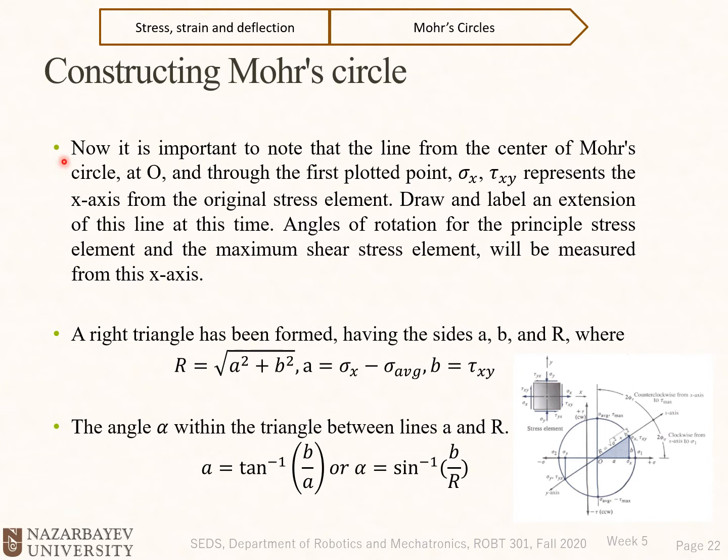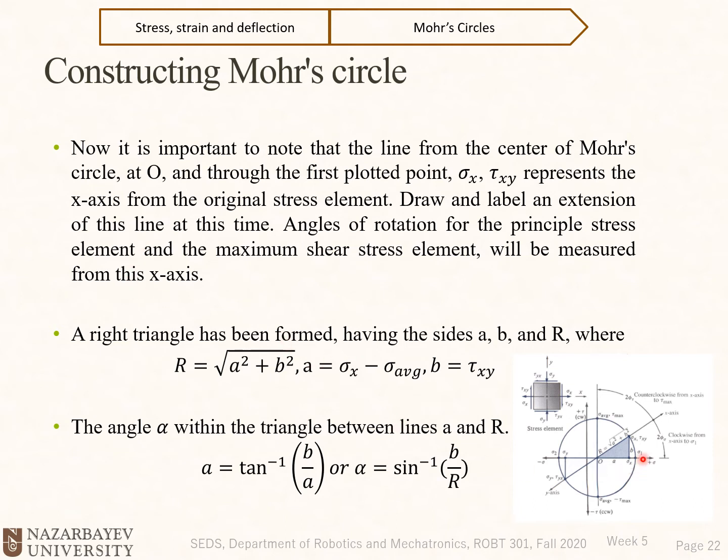Now it is important to note that the line from the center of the Mohr circle at O to the first plotted point, sigma x, tau xy, represents the x-axis from the original stress element. Draw and label an extension of this line at this point. Angles of rotation for the principal stress element and the maximum shear stress element will be measured from this axis.